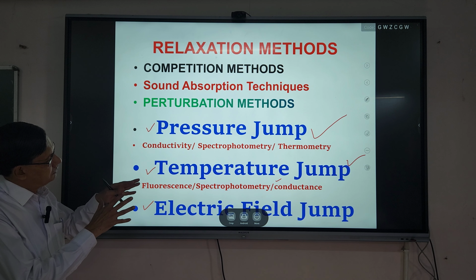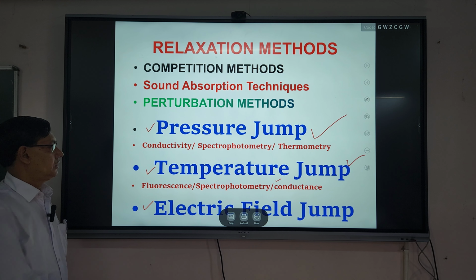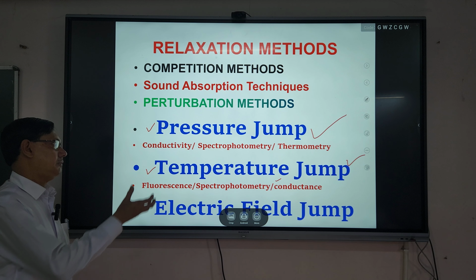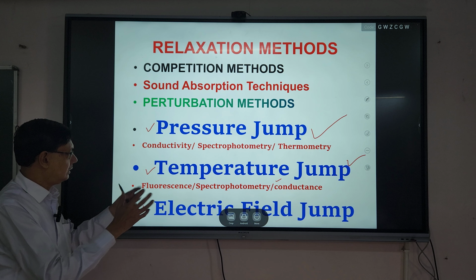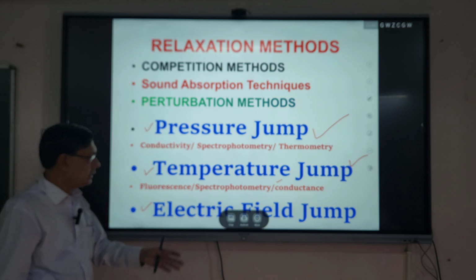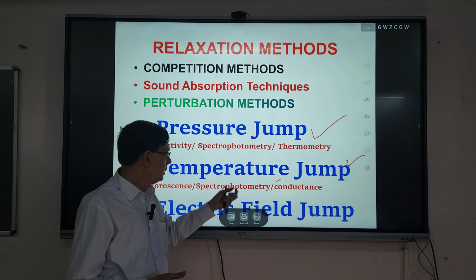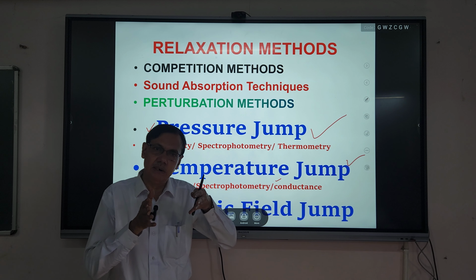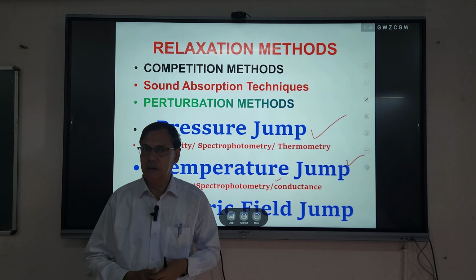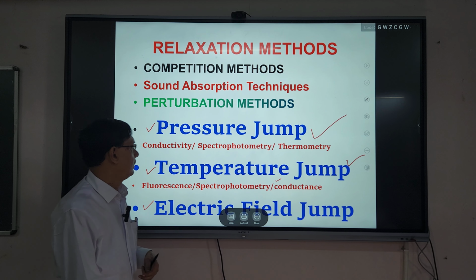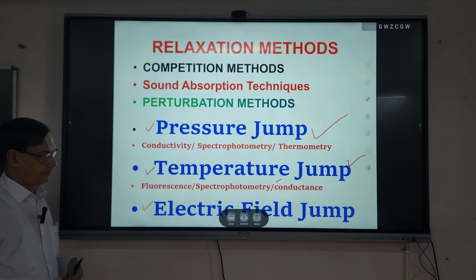So techniques may be different, but the properties are very common. Maybe in the pressure jump method, you can use the conductivity cell. In the temperature method, we can use the conductivity cell. Or even in this method also, we can monitor other things.